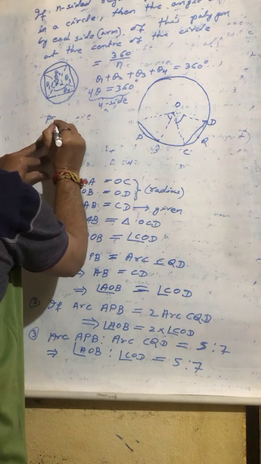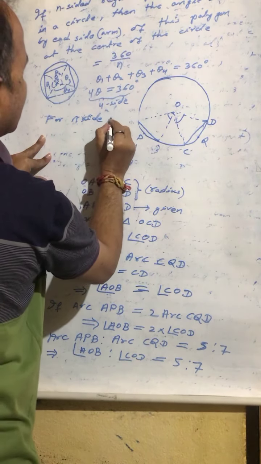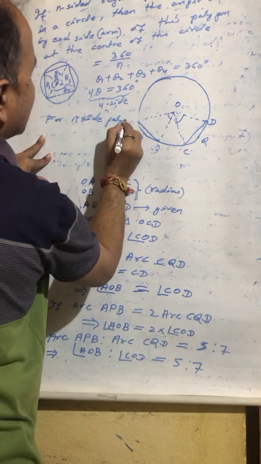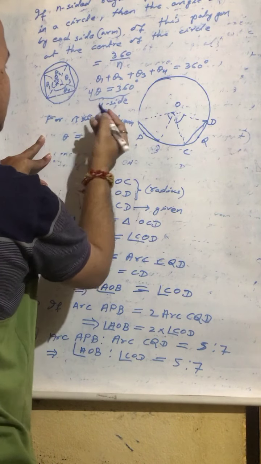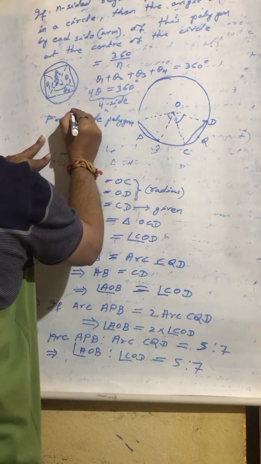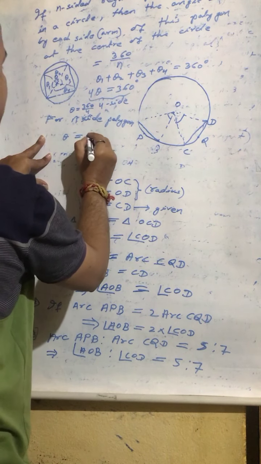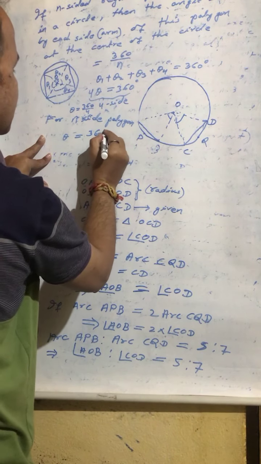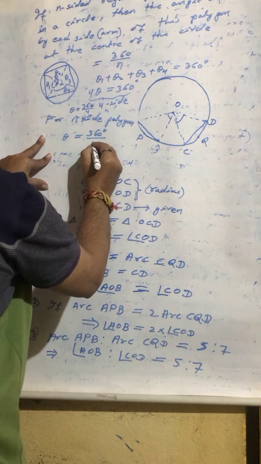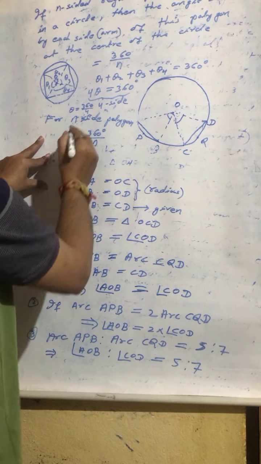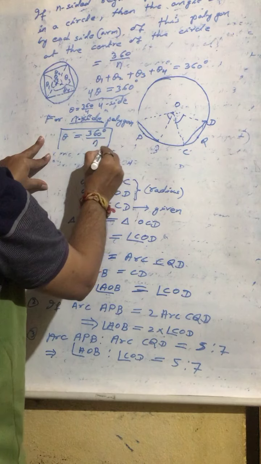For an n-sided polygon, similarly, theta equals 360 by the number of sides, so theta equals 360 by n.